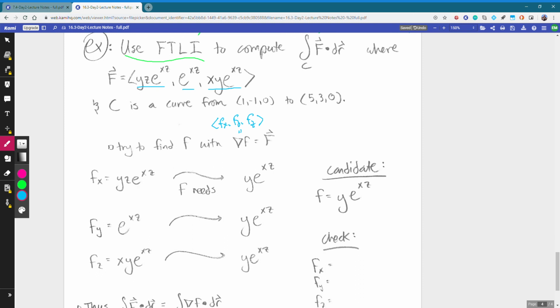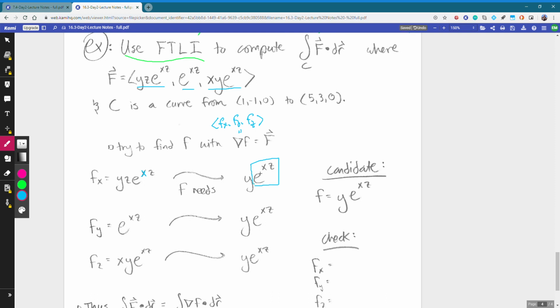All right, so looking at our x component, if that's the partial with respect to x, well then backing up, integrating with respect to x, this one's a little bit awkward to see. Notice the only place where the x is up here in the exponent. And so we're definitely going to need that exponential piece, e to the xz.